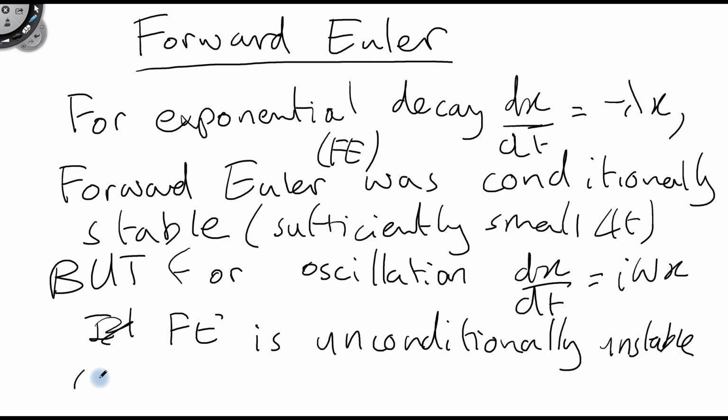So it's always unstable. And that's the worst type of numerical method, the one that no matter how you change the numbers in it, it's not going to work.